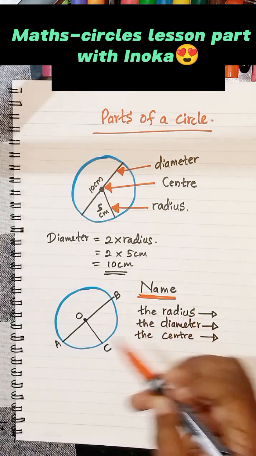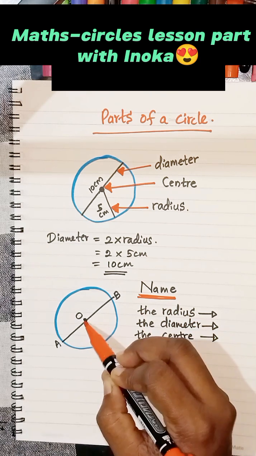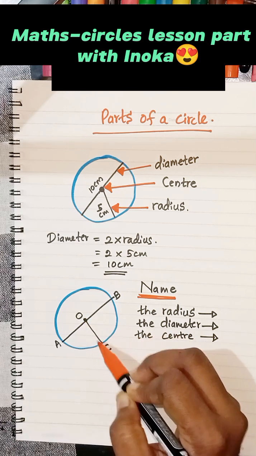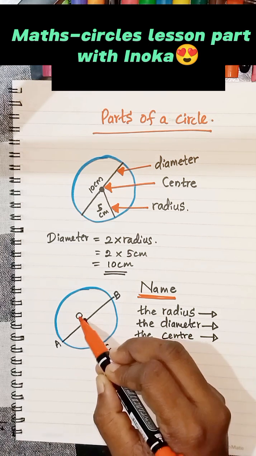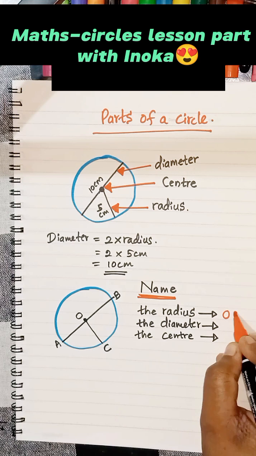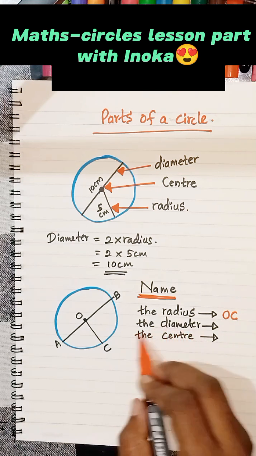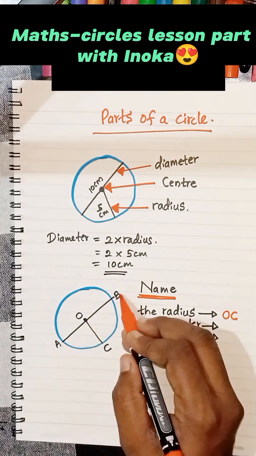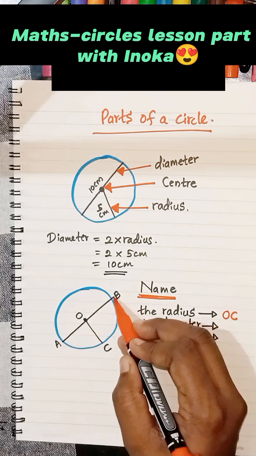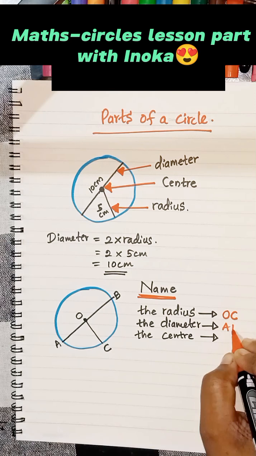So what is the radius? When you want to name the radius, you have to take the starting point and also the finishing point. It begins on O and it finishes at C. So OC. Starting point and finishing point. Then the diameter. The starting point is A and it finishes at B. So AB.